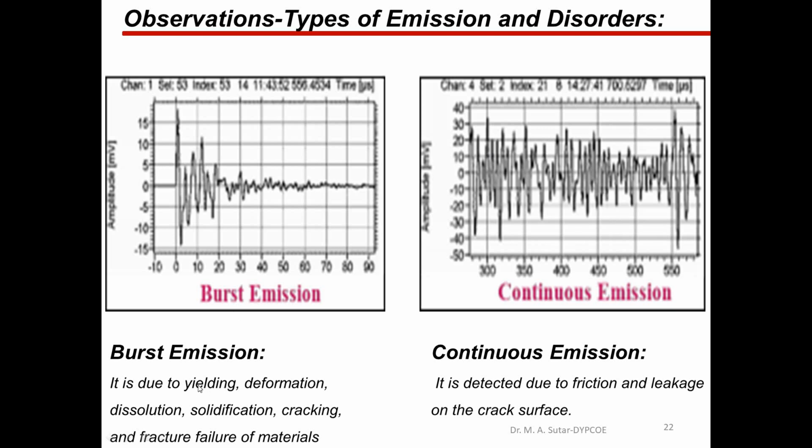This burst emission is related to cracking, solidification, and sudden fracture of the material, whereas this continuous emission is related to the recurring stress which will be observed on that particular material. For example, recurring stress is possible in case of friction and leakage of the crack surface.